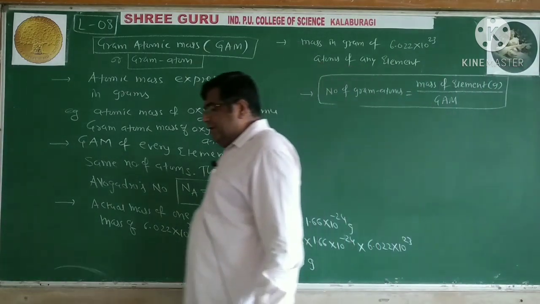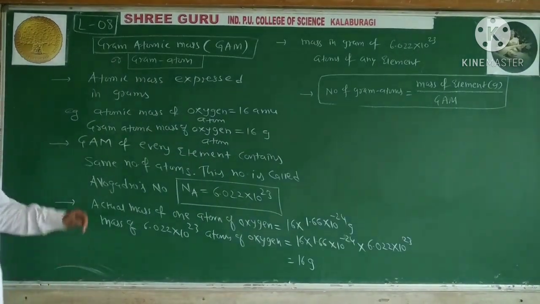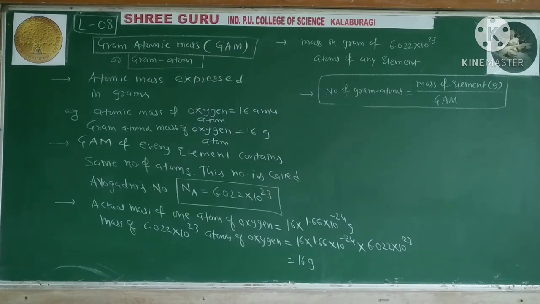So these 4 very important points in gram atomic mass. The first one is that it is atomic mass expressed in gram. For example, atomic mass of oxygen is 16 AMU, and that's why gram atomic mass of oxygen atom is 16 gram. Gram atomic mass of every element contains same number of atoms, and that number is nothing but Avogadro number, 6.022 into 10 to 23. Actual mass of one atom of oxygen is 16 into 1.66 into 10 to minus 24 gram.